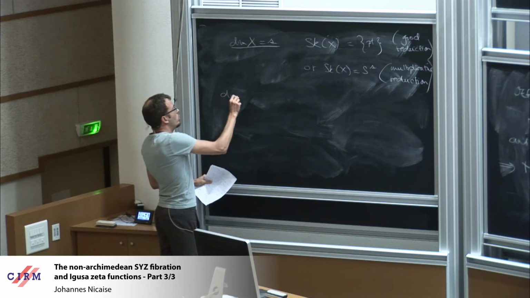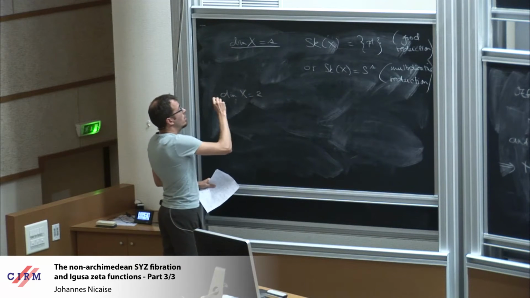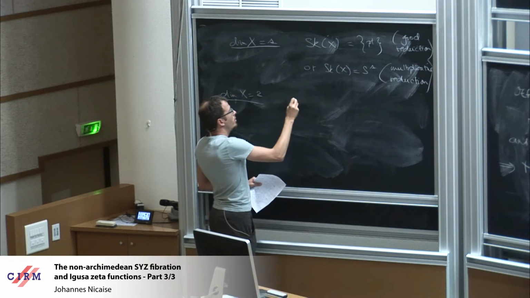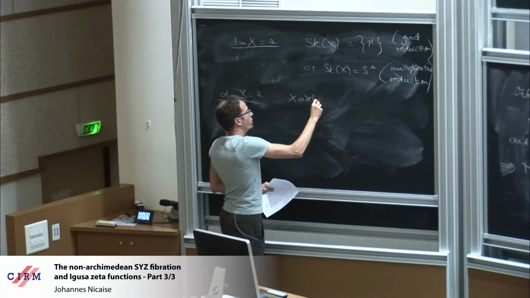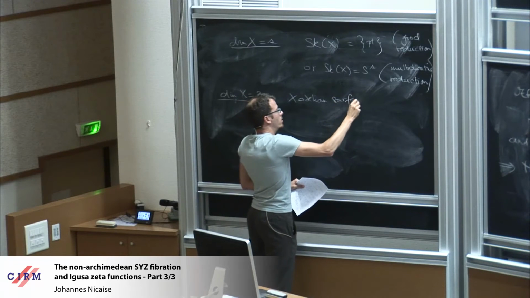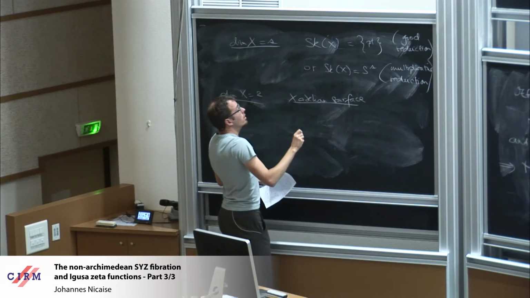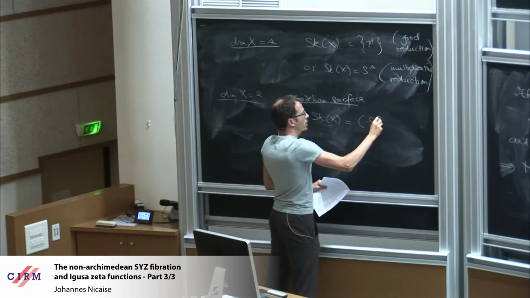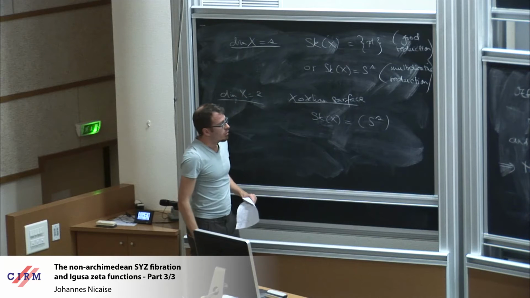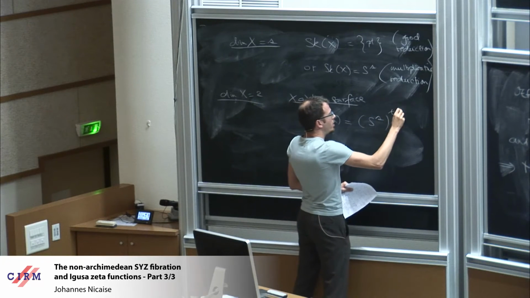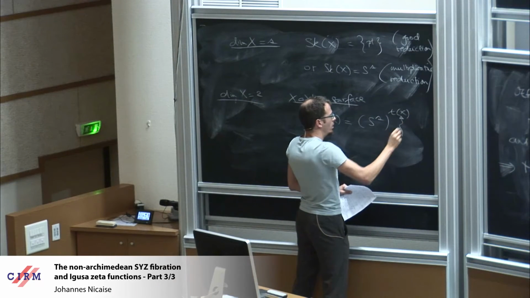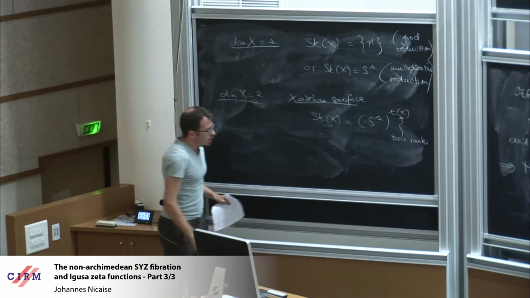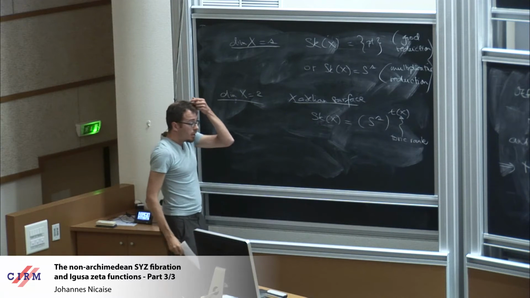And then in dimension 2, there are two cases to consider. So X abelian surface. Then the essential skeleton will be a Cartesian power of S1. And the power is given by an invariant which is called the toric rank. There are different ways to define a toric rank.